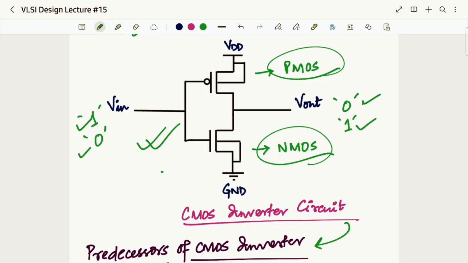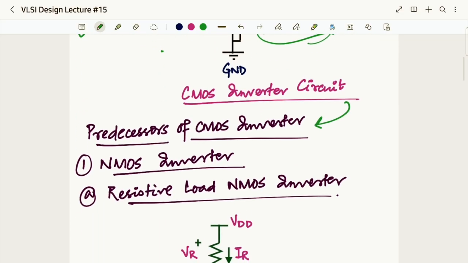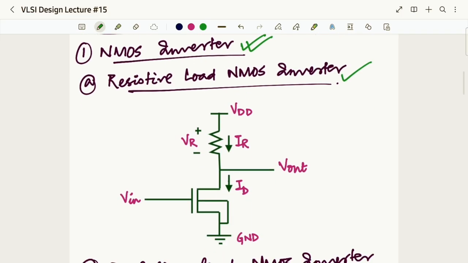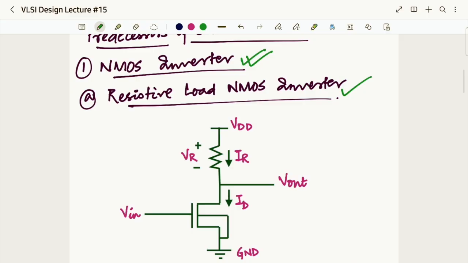So what are they? Let us see. The first circuit was the NMOS inverter, and there are two types of it. The first type was the resistive load NMOS inverter, and the circuit looks like this.